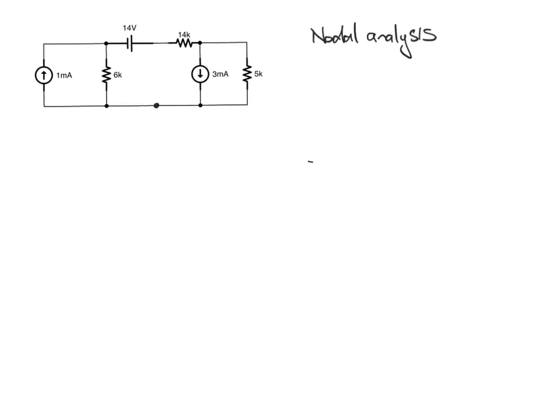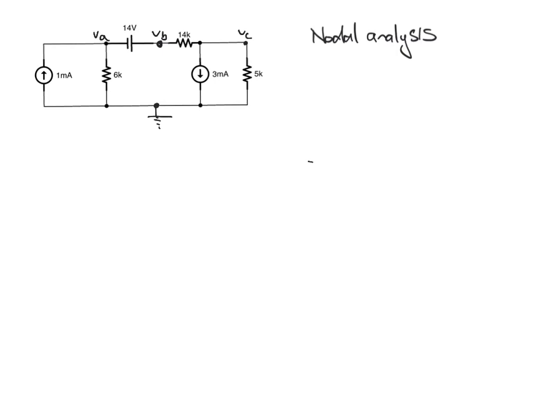So I'm just going to pick this as a reference node. We have to name the other nodes, so let's call this VA. And then this is also a node, we'll call it VB. And we'll call this node VC.